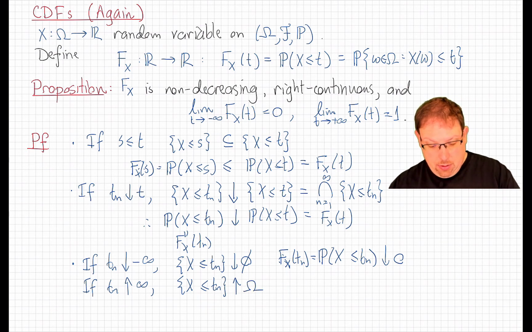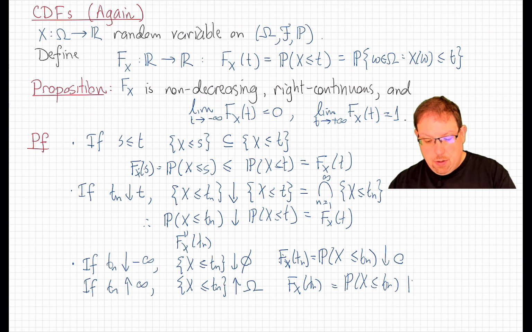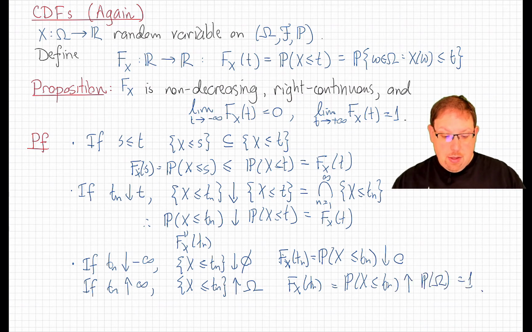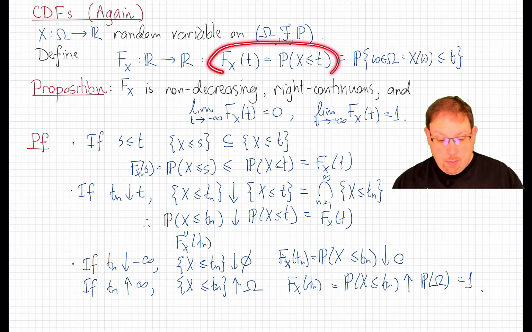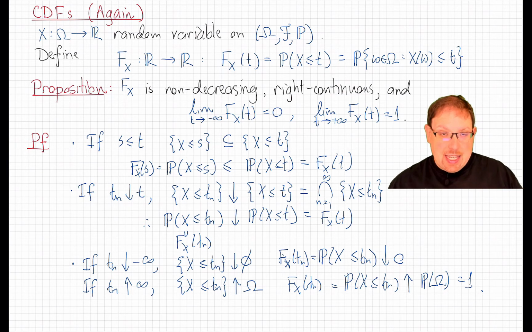And so that shows us that in this case, F_X of T_n, which is the probability that X is less than or equal to T_n, increases to the probability of the whole sample space, which is 1. Thus, this function here, determined by the random variable X, is a CDF. That means that it is the CDF of a unique Borel probability measure on the real line.